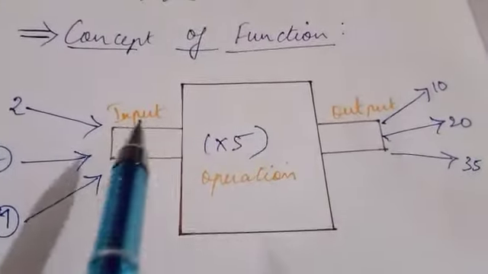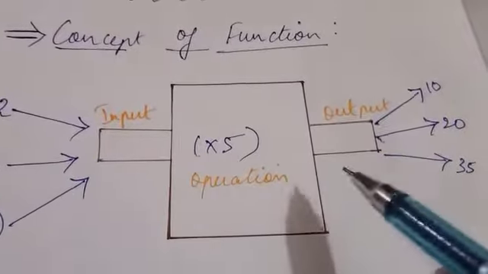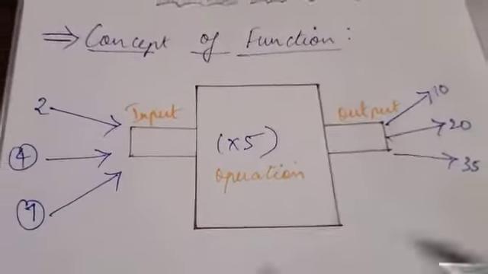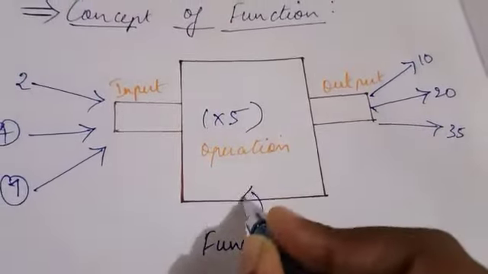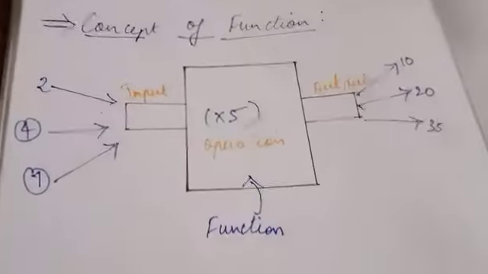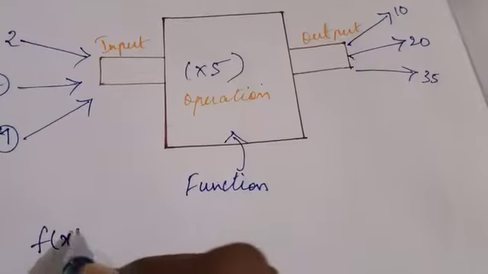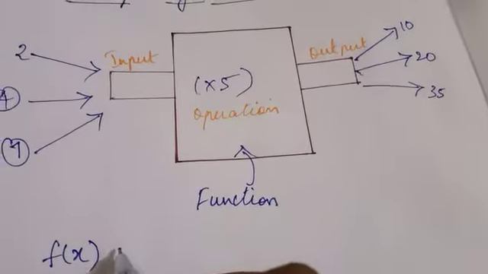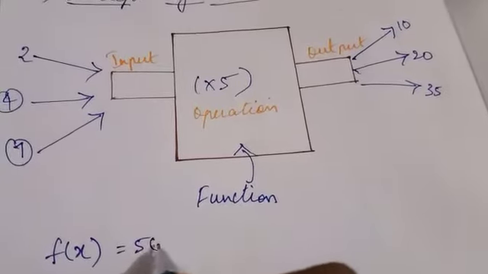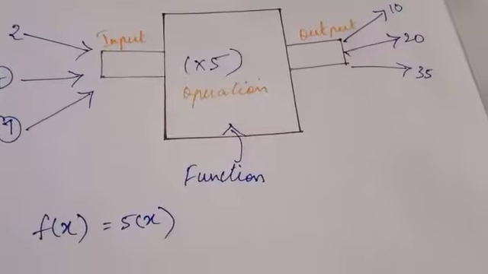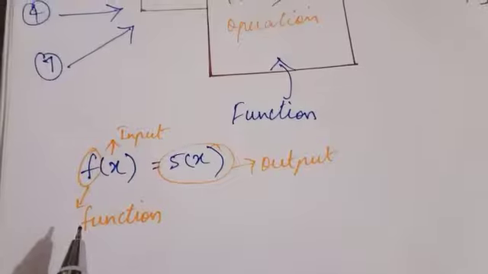So a function has an input, it performs some operation, and then it gives an output. This is called a function. The common way to represent a function is f of x. Here the operation is multiplying by 5, so f of x is equal to 5x.